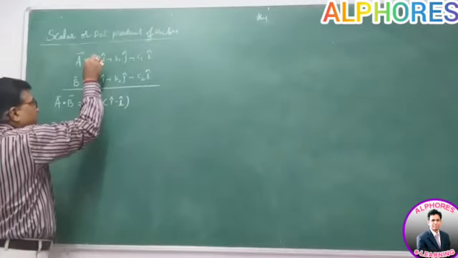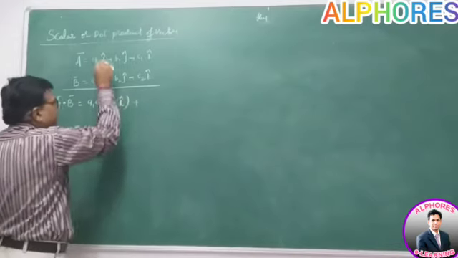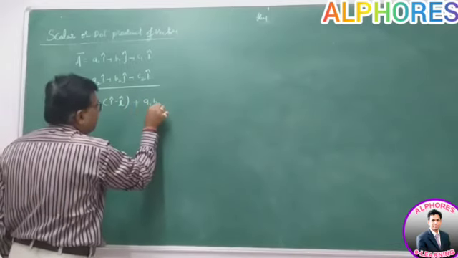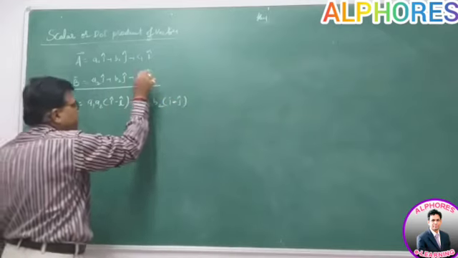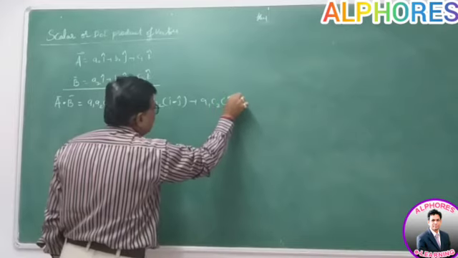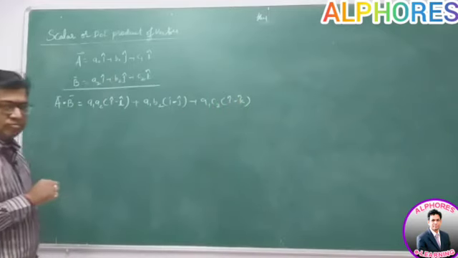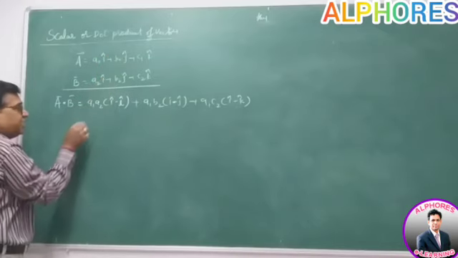Then I am multiplying the first term with the others. This is plus A1 B2 times I dot j plus A1 C2 times I dot k. Next, the second term of A multiplied to all three terms.